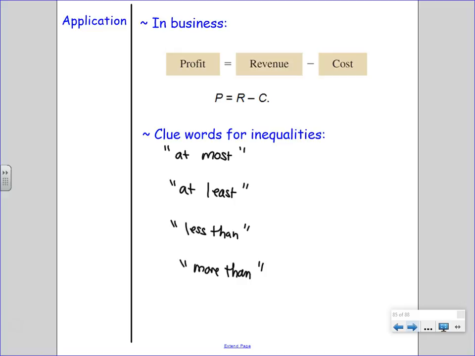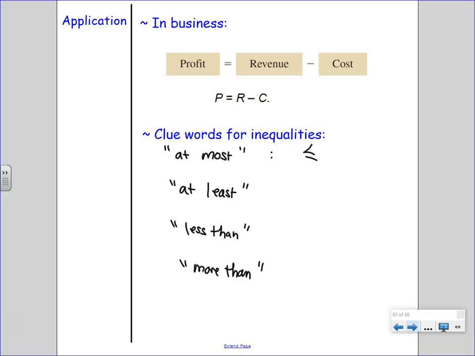If I say a quantity is at most, what inequality should I be putting in that spot? No, less than or equal to. See, it's tricky. You see most, and you think greater. At most, it's capped here, and it needs to be less than that. At least, it's capped here, and it's allowed to be greater.